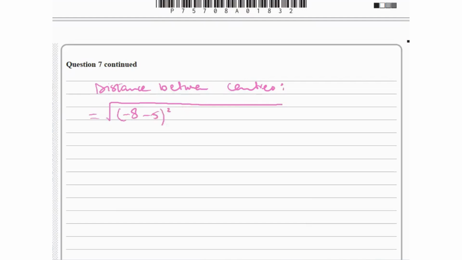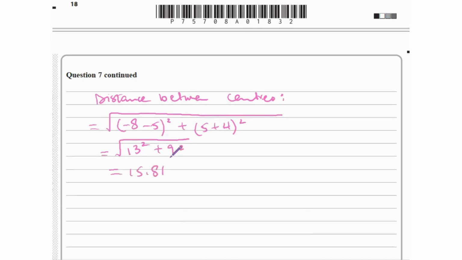So the distance between centers is going to be (-8 minus 5) whole squared plus (5 plus 4) whole squared. That's going to be 13 squared plus 9 squared, and that's 15.81.